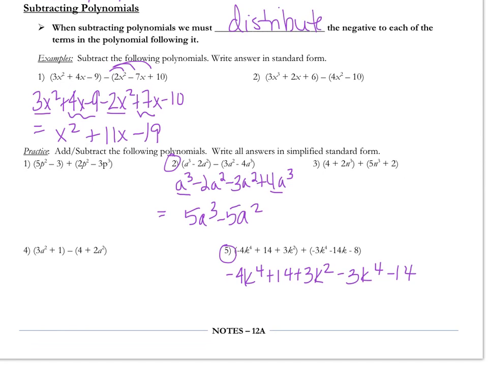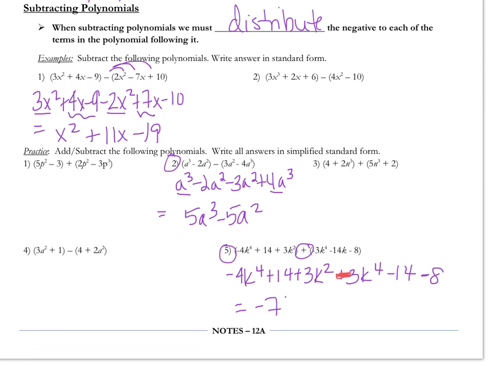And these are the answers you should have gotten. For number 2, you need to make sure that you distribute the negative through to everything. Okay? And then combine like terms after that. And then notice in number 5, it was a plus sign, so you didn't need to distribute the negative through.